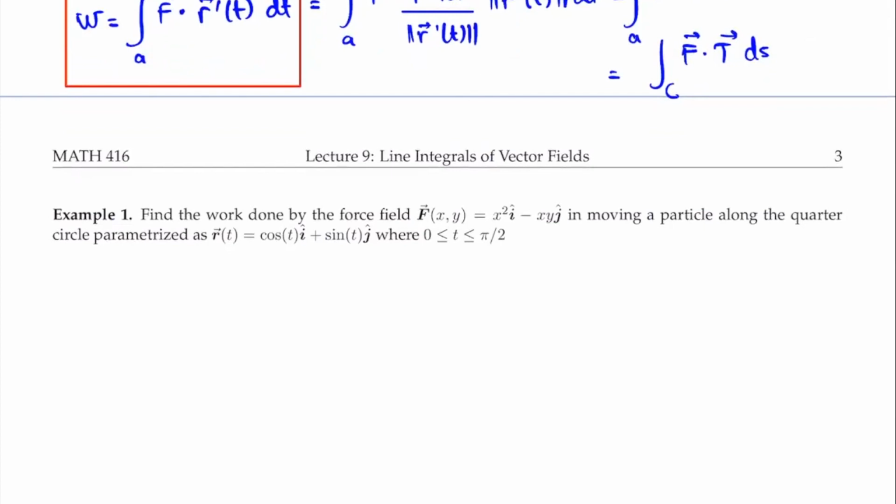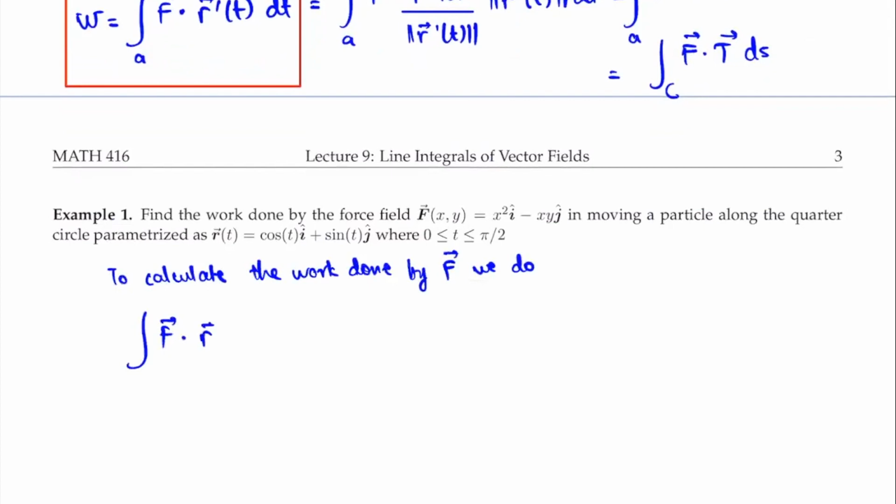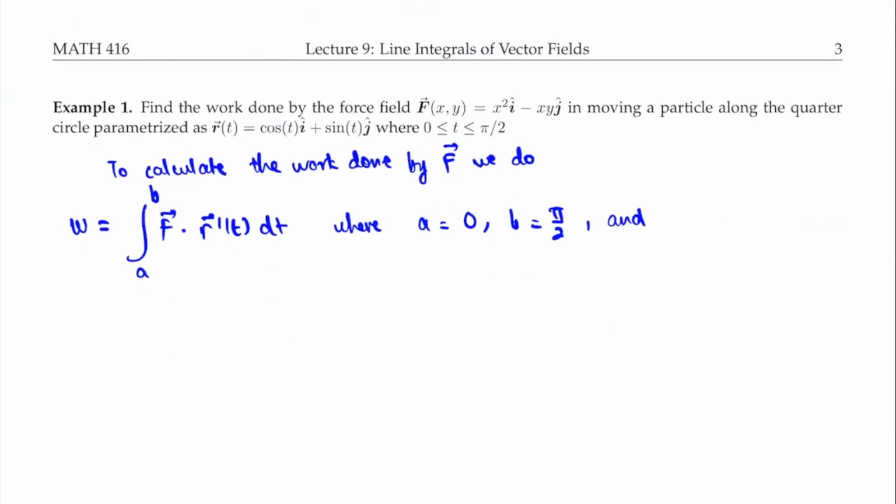All right. So to calculate the work done by F, we do F dot with r prime of t dt for t going from A to B. So this is the work done where A is equal to 0, B is equal to pi over 2, and we have a few things that we need to consider here.